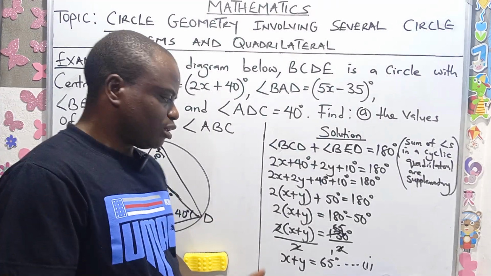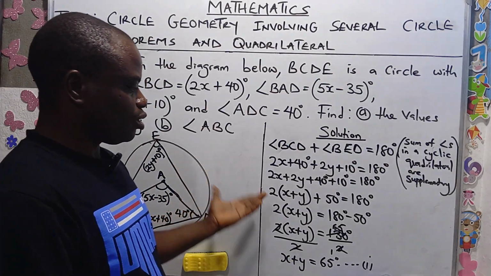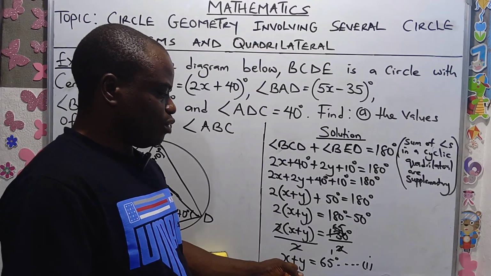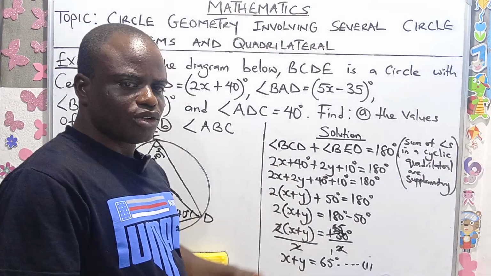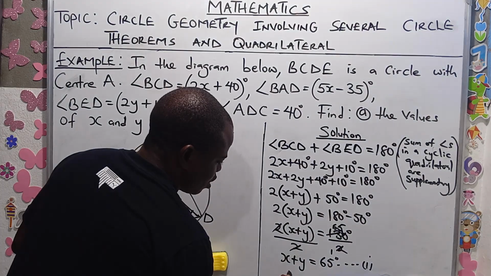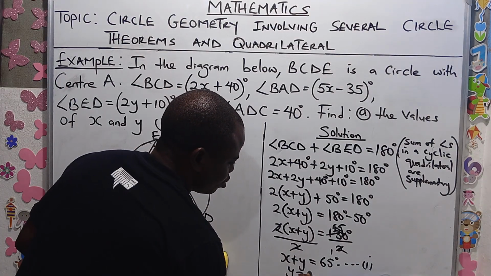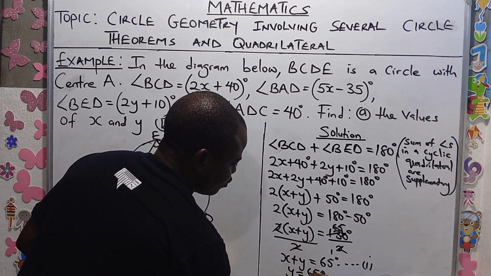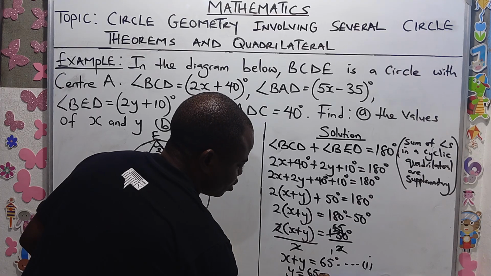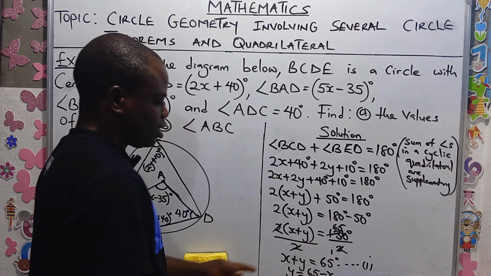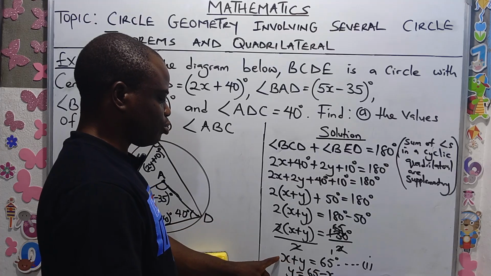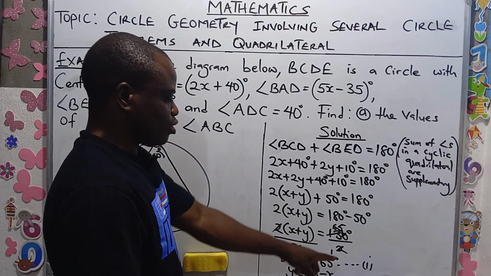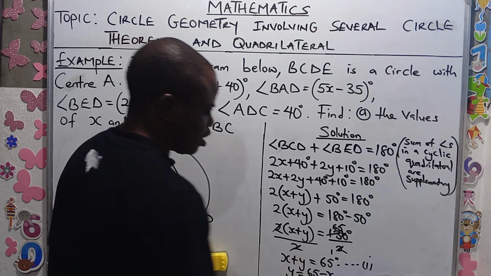As we are solving from the second equation, you can substitute the value of y in the second equation. Now y equals 65 minus x. When x crosses to the other side, it was positive before; when it crosses the equal sign, it turns negative.